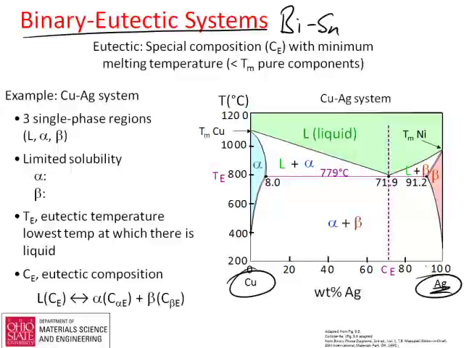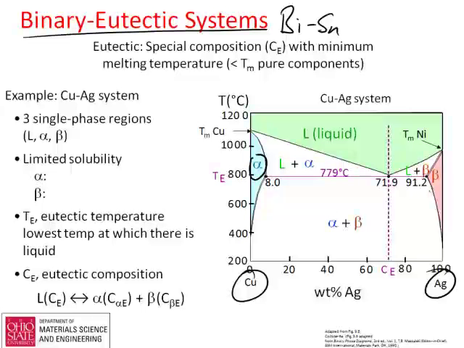And you can see that each of these regions, this is a region that's face-centered cubic copper. This is a region that's face-centered cubic silver. It has a different lattice parameter, a little different structure. The atoms are closer together in one case than the other.